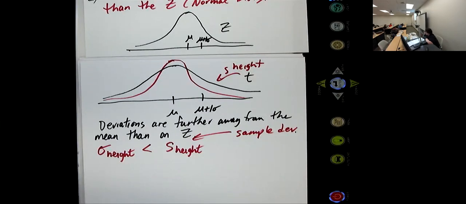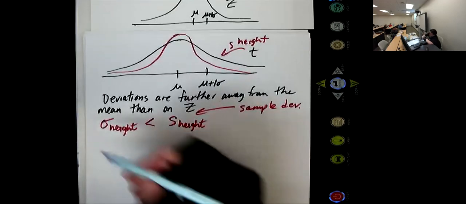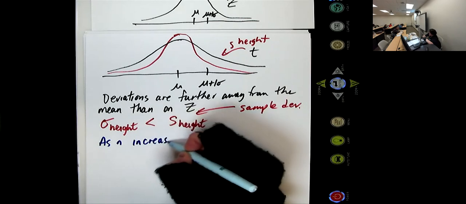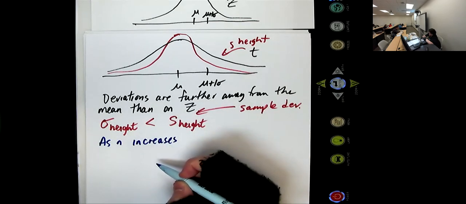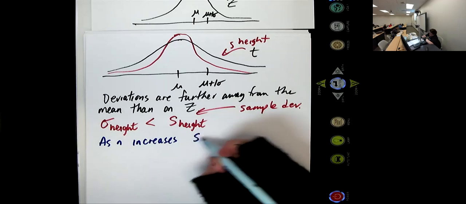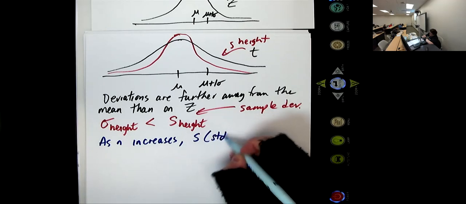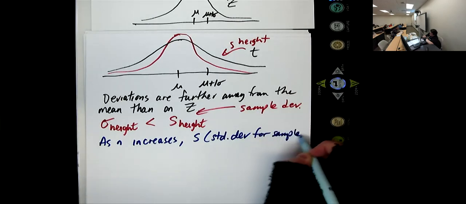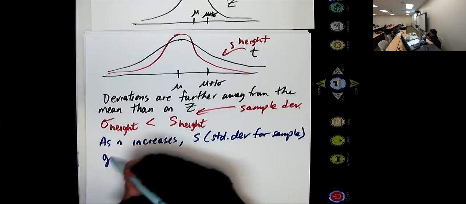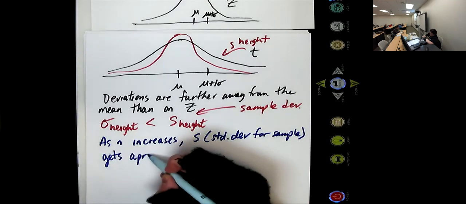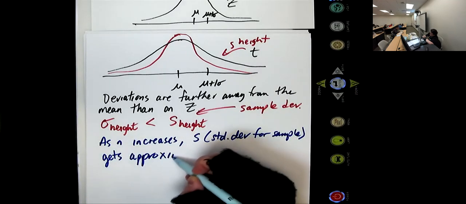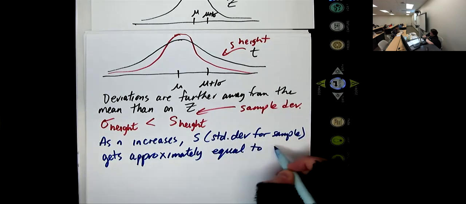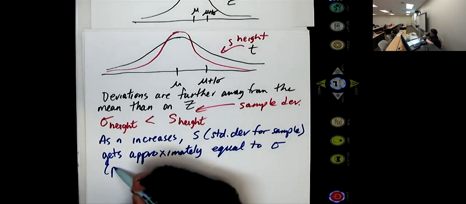The good thing about it is as n increases, S, the standard deviation for the sample, gets approximately equal to sigma, the population standard deviation.